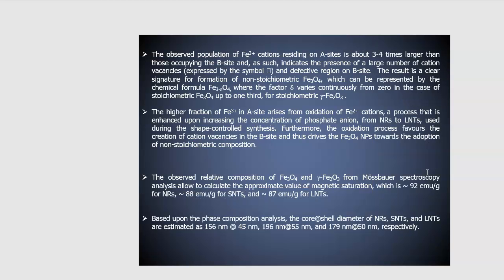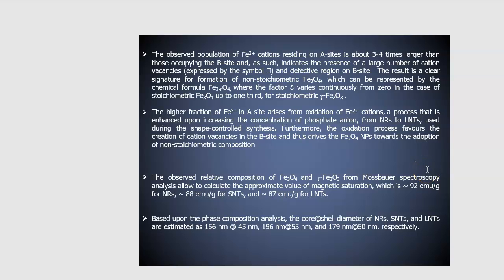An additional observation from Mossbauer spectroscopy is that the observed population of iron 3+ cations residing on the A site is about 3 to 4 times larger than those occupying the B site.